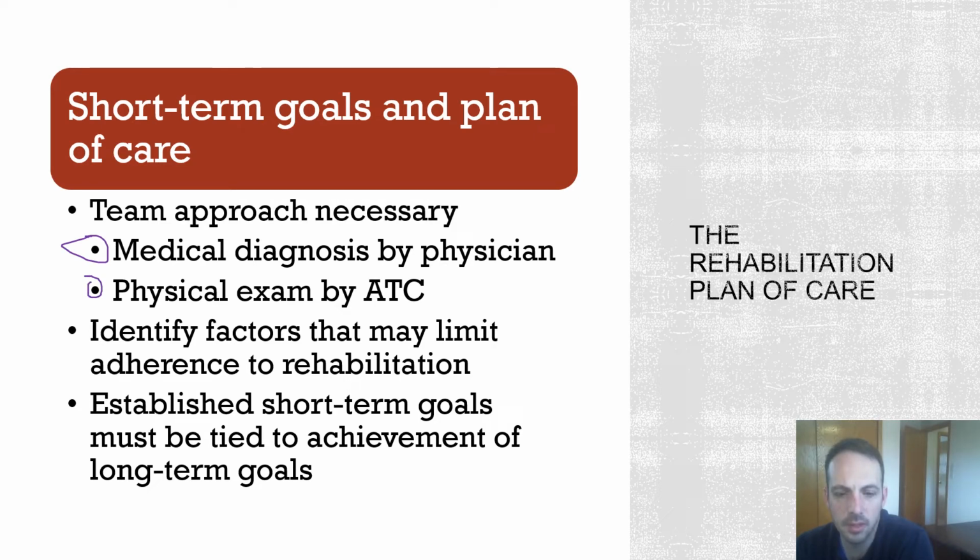During that time, it's also important that we identify factors that may limit adherence to rehabilitation, everything from student schedule with classes to participation status within the team, whether they are highly motivated or less motivated, but also what kind of drive they have and what sort of additional motivation we might need to provide.